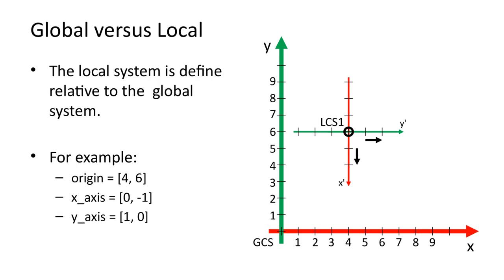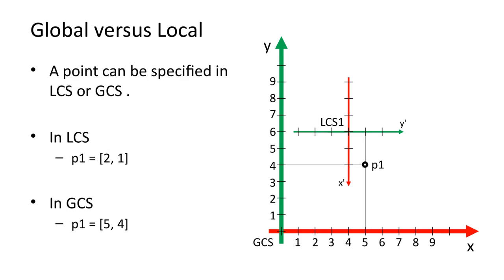In this case, we will assume that the two axes are the x-axis and the y-axis. You will notice in the example that the origin and axes are defined using coordinates and vectors in the global coordinate system. For example, the local x-axis is set to 0, -1. Thus, the local x-axis is pointing down in the global coordinate system.